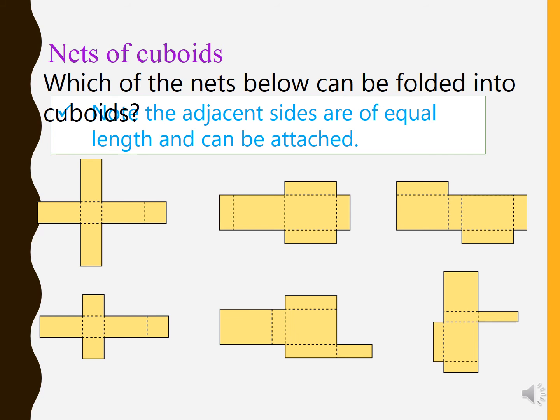For example, picture 1. I can see that these adjacent sides can be attached because they are of equal length.